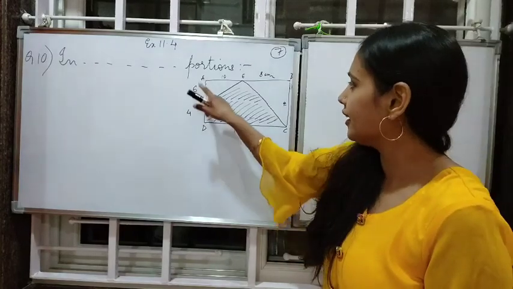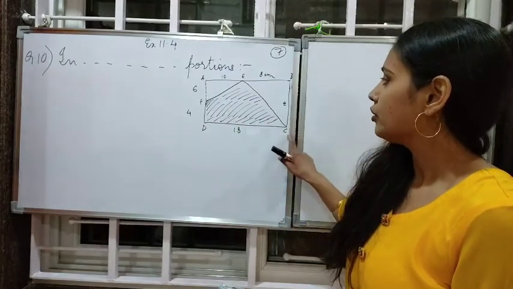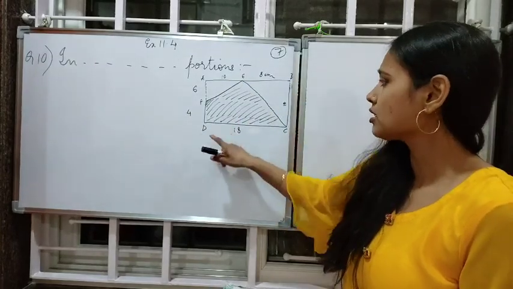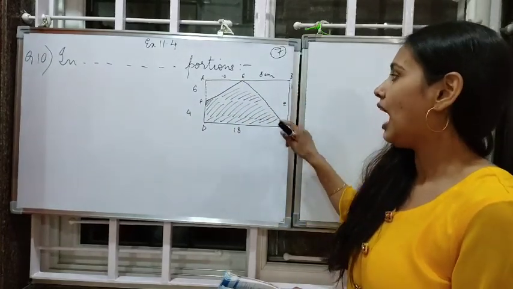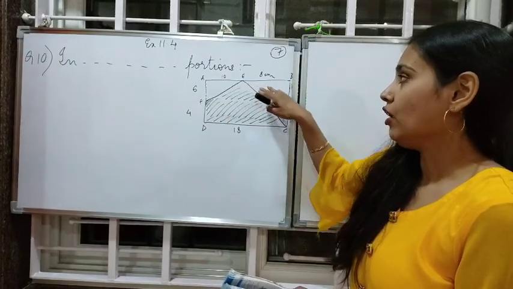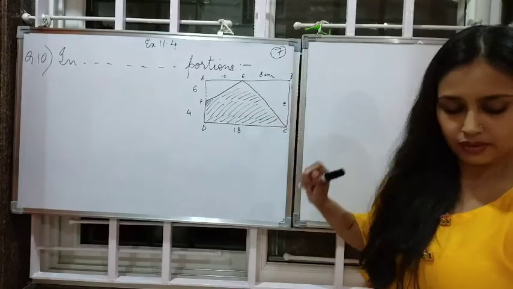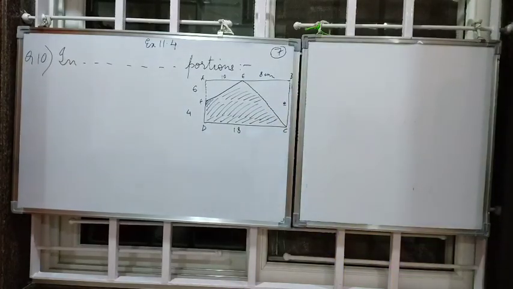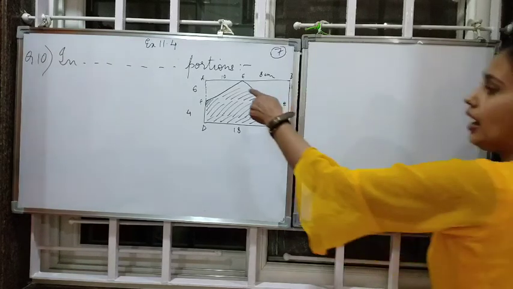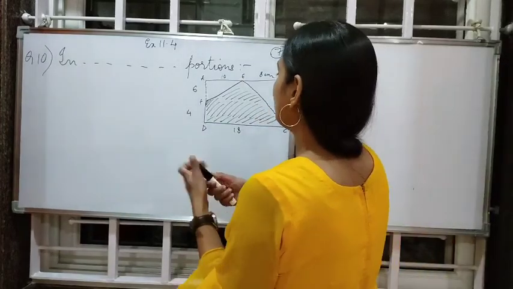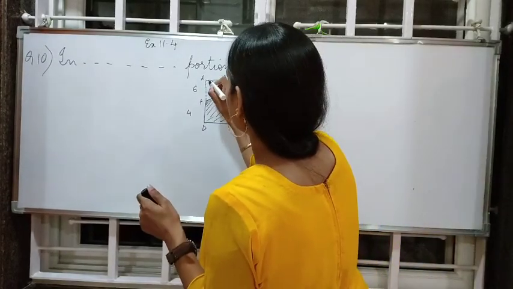But if we see the entire figure, you can see this is a rectangle, right? If we see these figures, the unshaded parts, they are in the form of triangles, right? And that too, right triangles here.